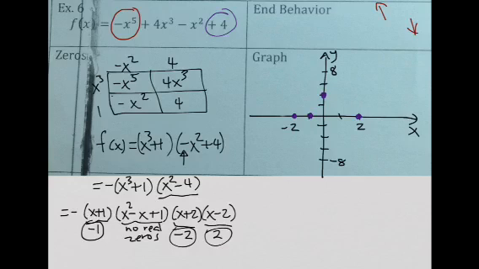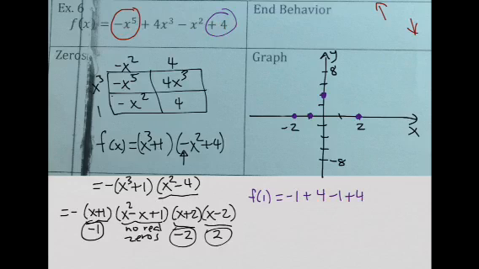And I'm going to calculate f of 1 just to get another point on the graph. So f of 1 is negative 1 to the 5th, so that's negative 1, plus 4 times 1, that's 4, minus 1, plus 4. Again, I'm using the equation up here to get these numbers right here.